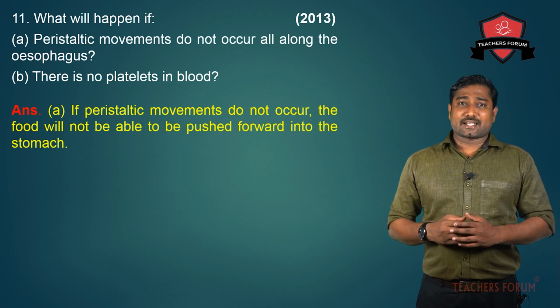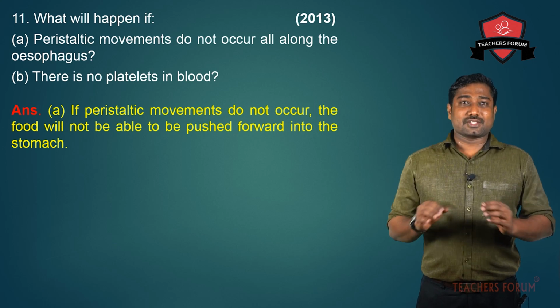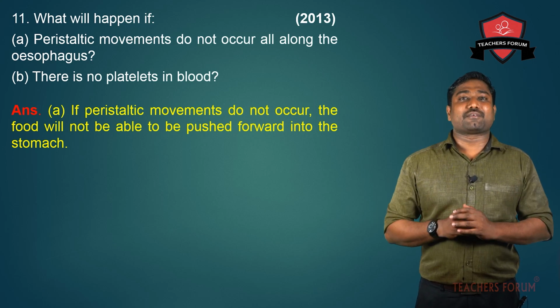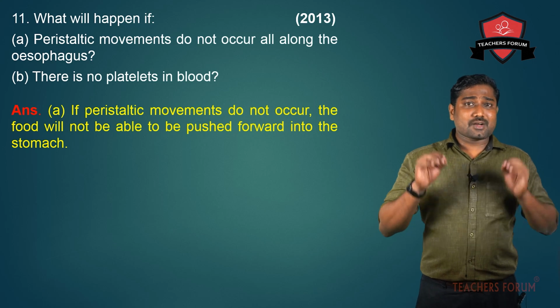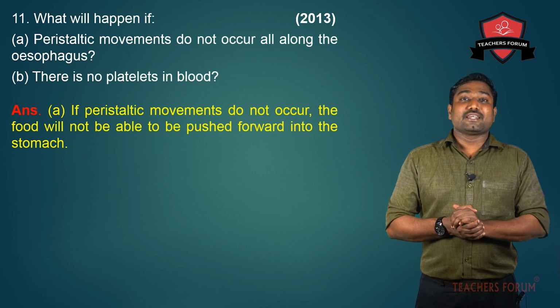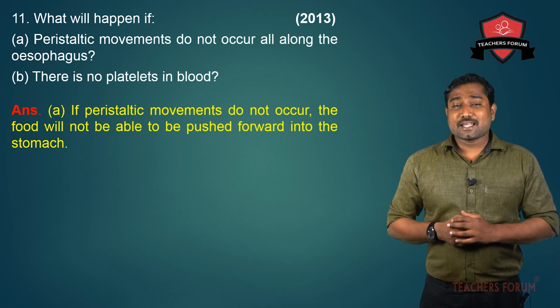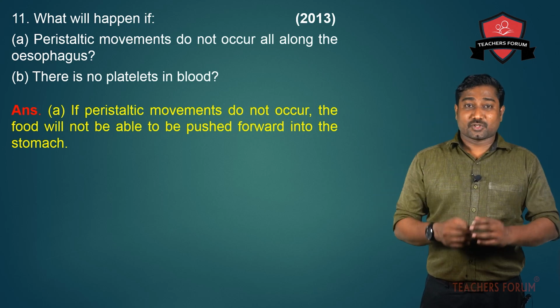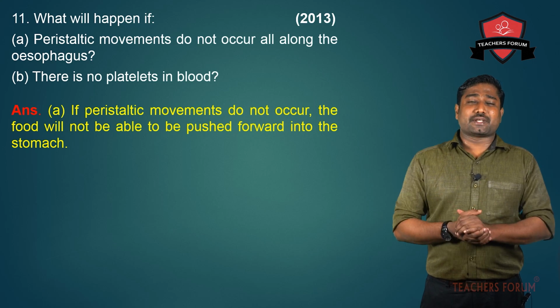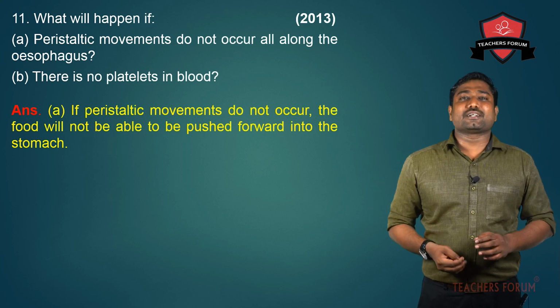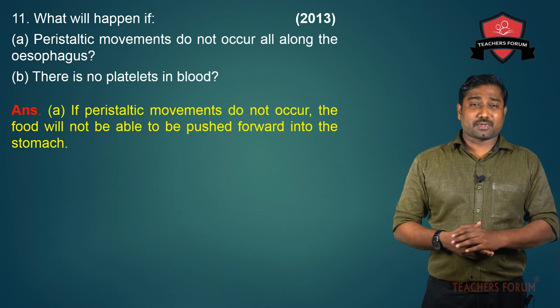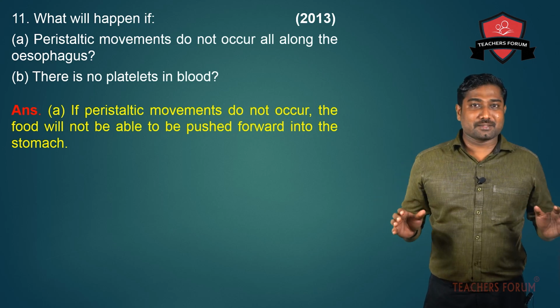We already learned that the food moving through the esophagus is not governed by gravity. It is due to the rhythmic contraction and relaxation of the esophageal muscle wall that makes the food move inside the esophagus. So if there is no peristaltic movement inside the esophagus, the food won't reach the stomach and further digestion will not take place.